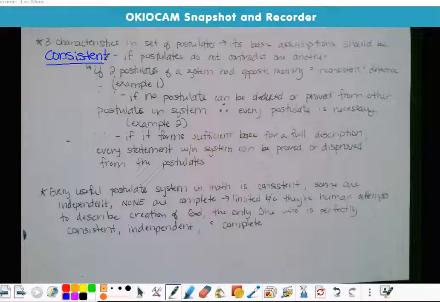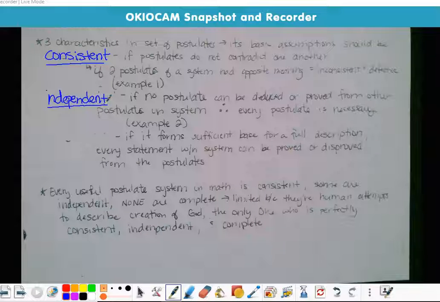All right, the next characteristic is independent. So it's independent if no postulate can be deduced or proved from other postulates in the system. Therefore, every postulate is necessary.